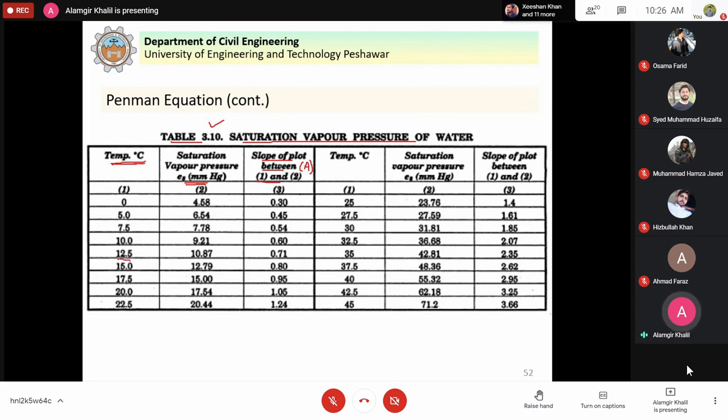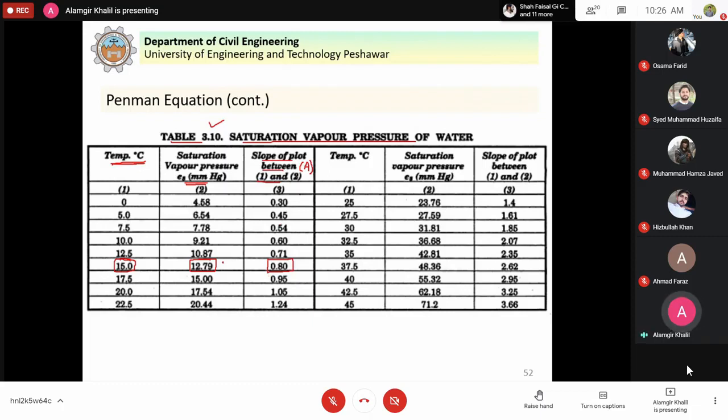We have this 15 degrees centigrade that is given in the question. So we can read the value of saturation vapor pressure ES from here, 12.79. This is the value for ES, saturation vapor pressure, 12.79 millimeter of mercury, and also the value for this A, the slope between the temperature and the saturation vapor pressure. The value for A is also given from here, 0.80.